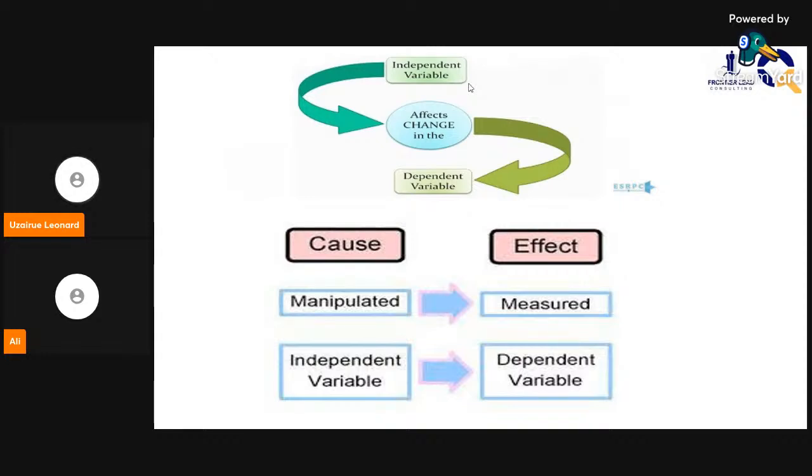When we say cause and effect, something that can be manipulated is referred to as the cause, while the effect is what is measured. What is causing the effect is the independent variable, while that upon which the effect is felt is the dependent variable.